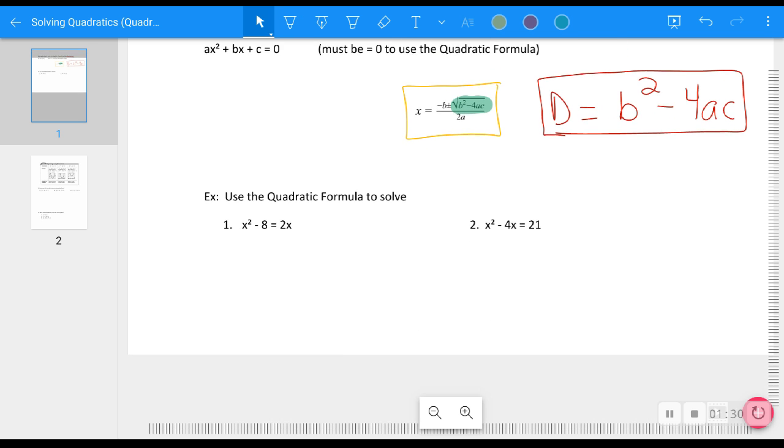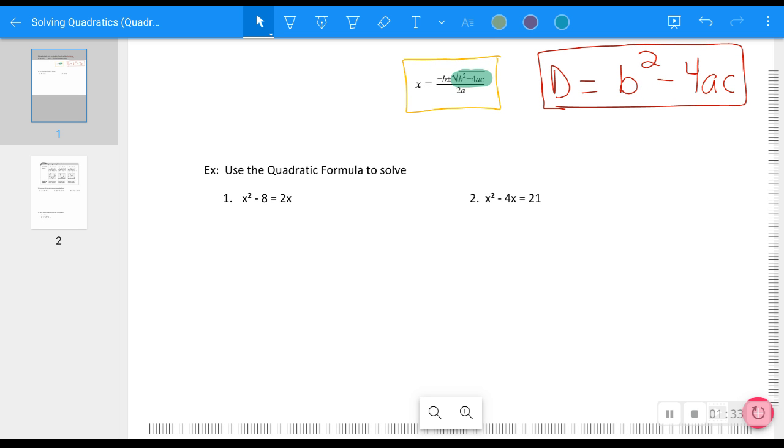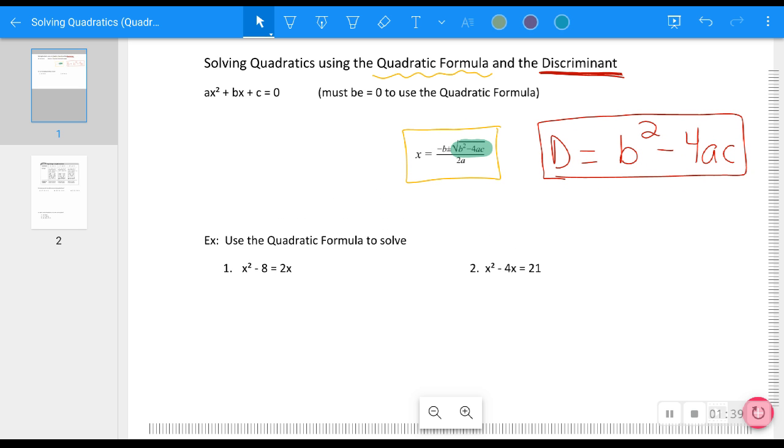So we scroll down to our first example. We have x squared minus 8 equals 2x. In order to use the quadratic formula, we need our equation to be in this form: ax squared plus bx plus c equals 0. So we need everything on one side.